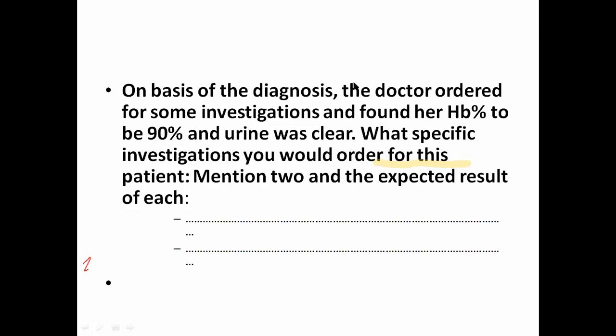The patient has diffuse toxic goiter, Graves' disease. What are you doing? Thyroid function test. What is the importance of thyroid function? Mention the expected result. He will have low TSH and high T3 and T4.